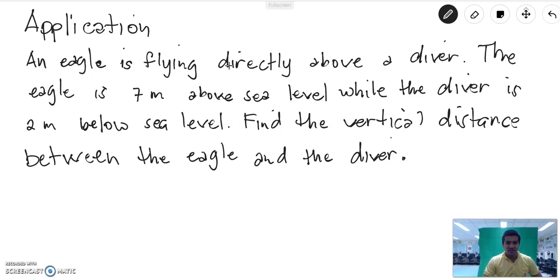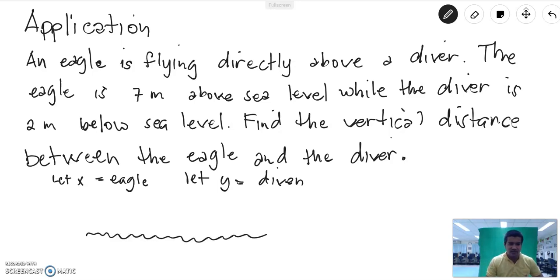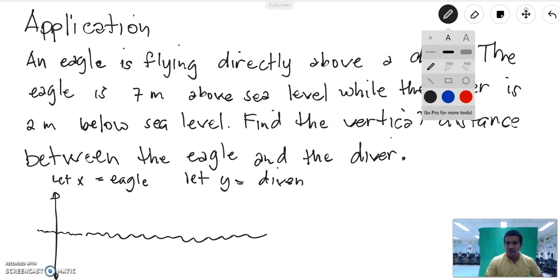So let X be the eagle, and let Y be the diver. Okay, so for example, this one is our sea level, and this one is our vertical line. So at the sea level, that is 0.